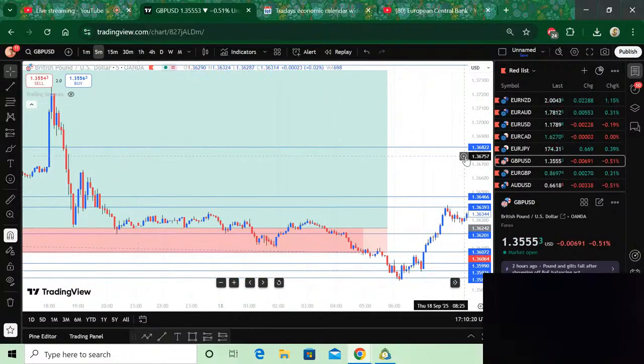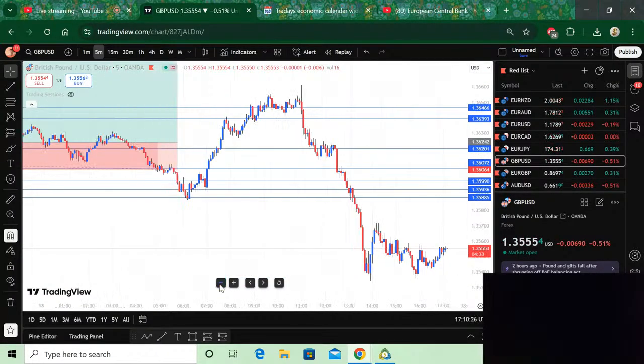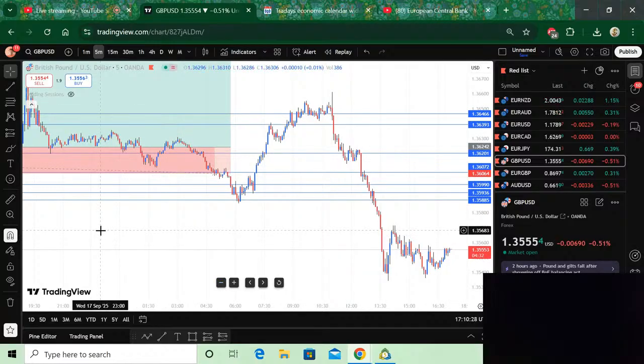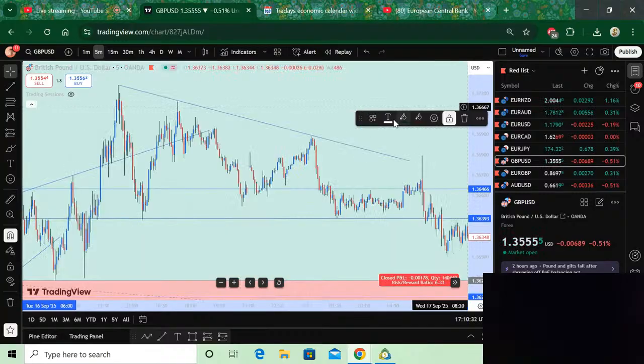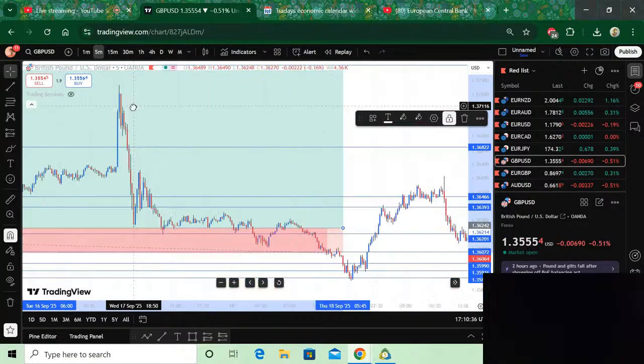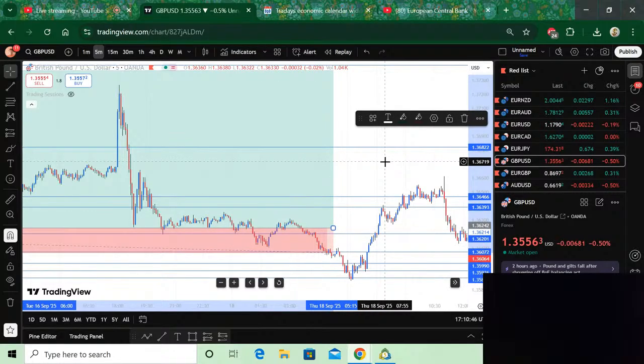There are layers to, I don't know if I can get this thing properly set up. There are layers to our trades. Wait, let me see if I can bring it back a little. Okay, no, I can't bring it back a little. So there are layers to the trade.